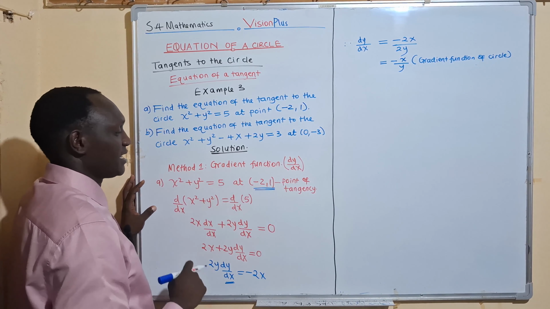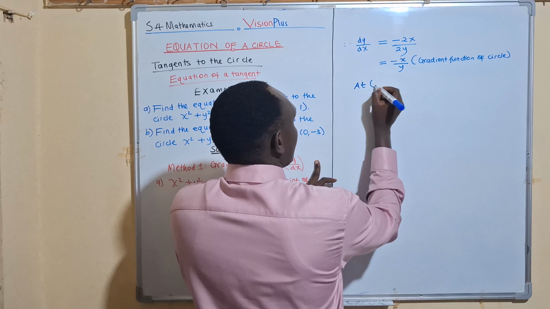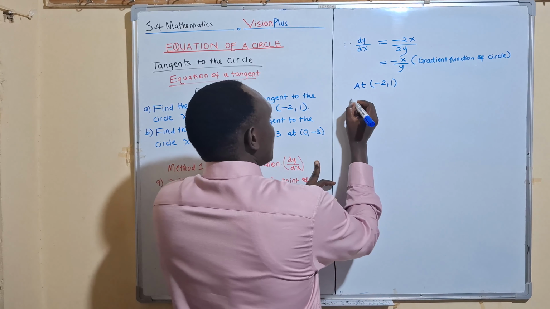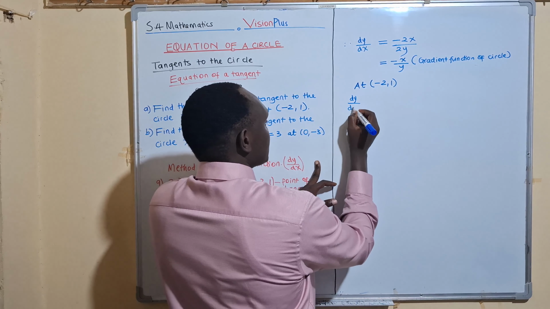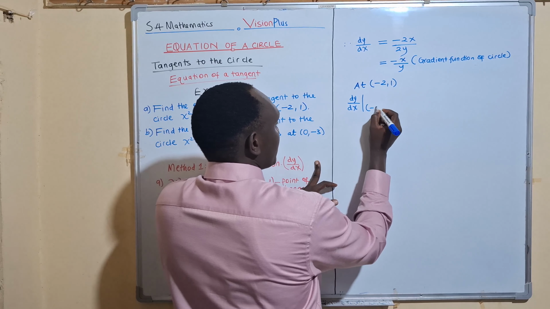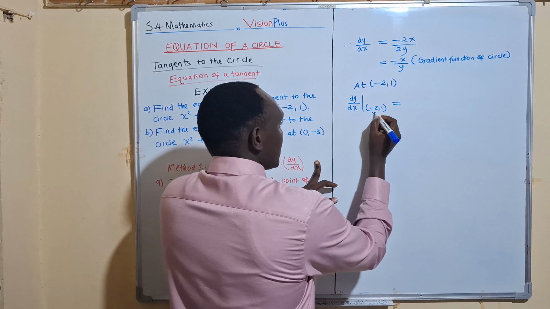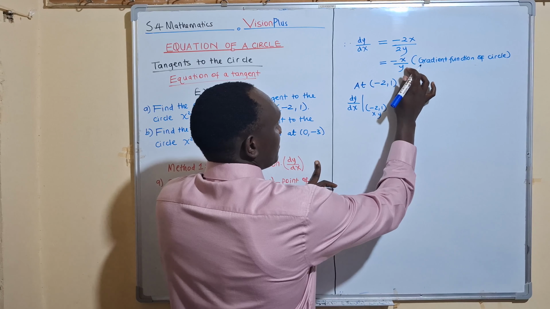So we're going to say, for us to get the gradient of the circle at the point of tangency, we need to substitute for this point on the gradient function. So that we now say at the point of tangency (-2, 1), it now means that dy/dx at that point becomes, remember this is x, this is y, so we substitute for them here.